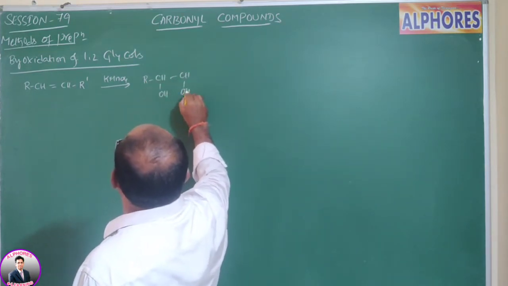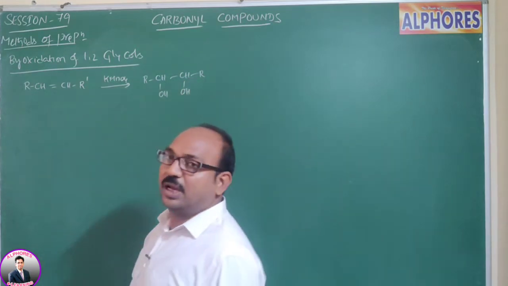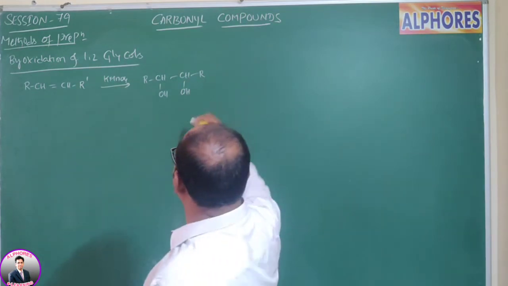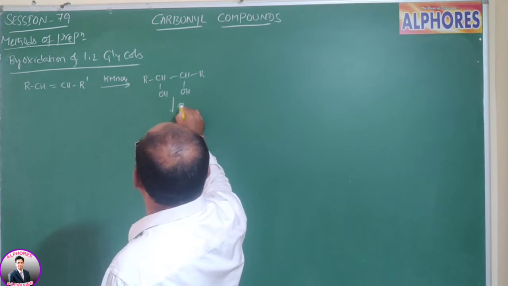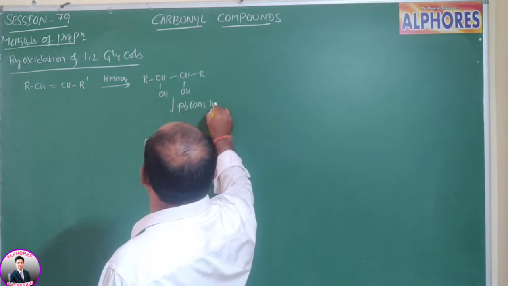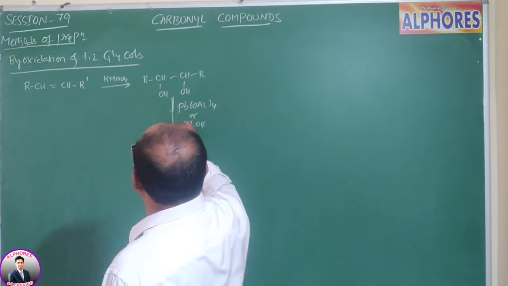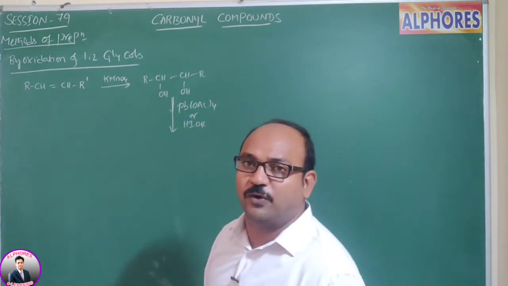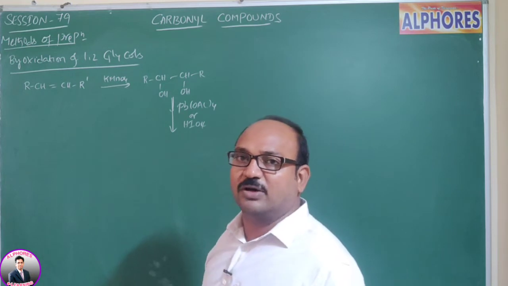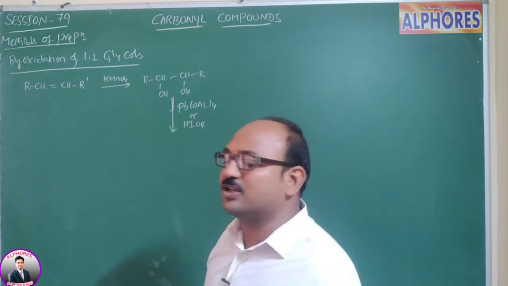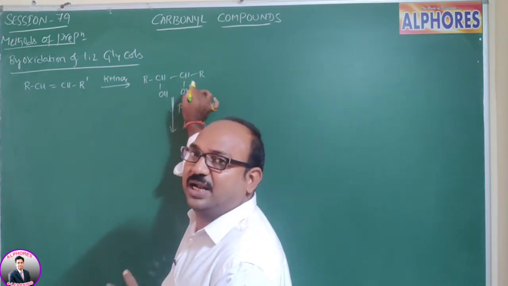These vicinal diols upon further oxidation with either lead tetraacetate, Pb(OAc)4, or HIO4, periodic acid. These two are selective oxidizing agents, and they oxidize only vicinal diols.